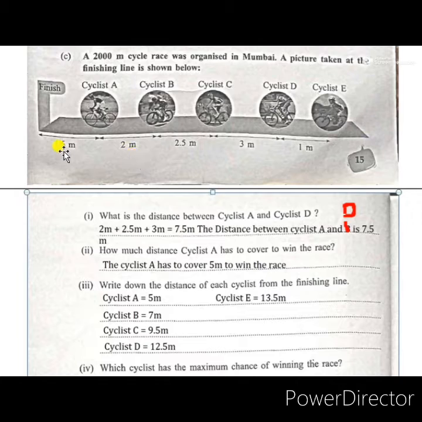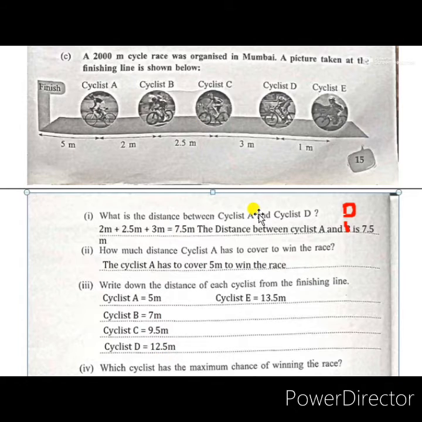Then we will get the distance between cyclist D and finishing point. Here 9.5 plus 3 meter equals 12.5 meter. That means the distance between cyclist D and finishing point is 12.5 meter.